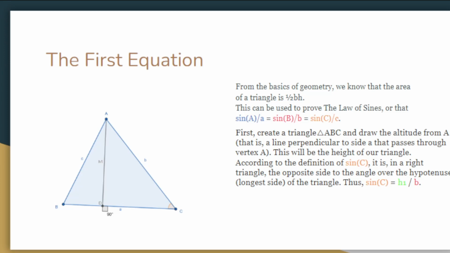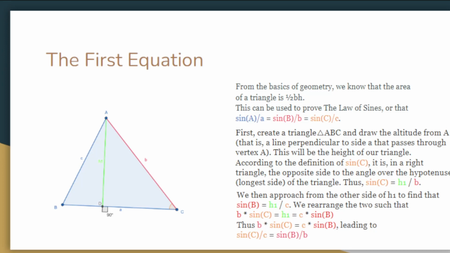Thus, sine of angle C is h1 over side B. We then approach from the other side of h1 to find that the sine of angle B is equal to h1 over side C. We rearrange the two such that B times sine of C is equal to h1, which is also equal to side C times the sine of angle B. And thus, with a little algebra, we find that the sine of angle C over side C is equal to the sine of angle B over side B.